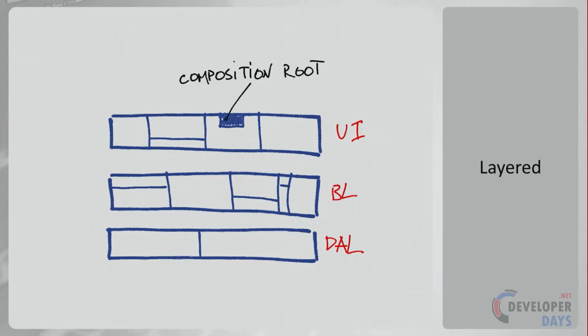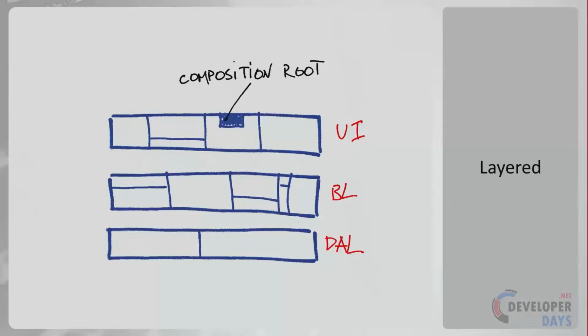And there is a small, tiny place in the application that is responsible for so-called composing the object graph, the dependency graph. For instance, take an incoming HTTP request to an MVC application. In this particular case, the composition root is something called a controller factory.